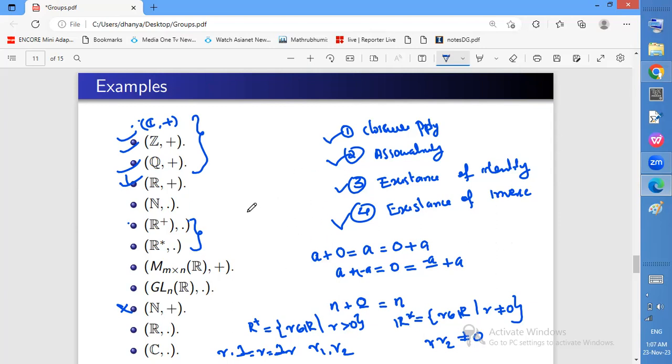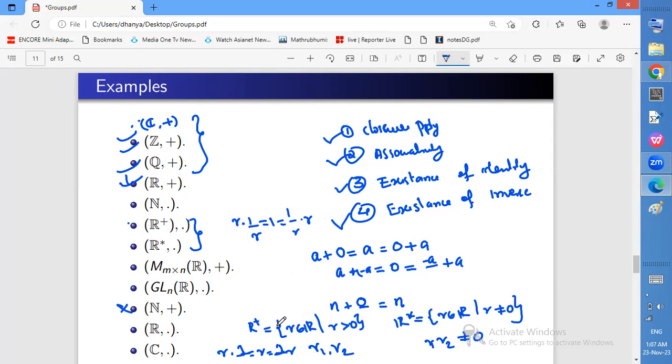For that, given any positive real number r, what will be the inverse? It's again an element, say r dash, such that r into that element should be equal to the identity element, which is 1, is equal to that element into r. What is the only possibility? This is 1 by r. So if I consider the set R plus, since r is a positive real number, 1 by r is also a positive real number. That means 1 by r belongs to this set R plus.